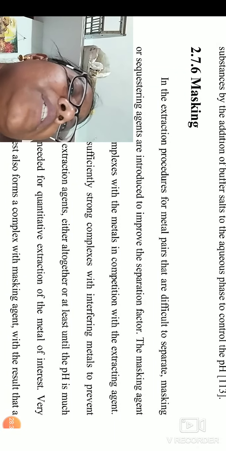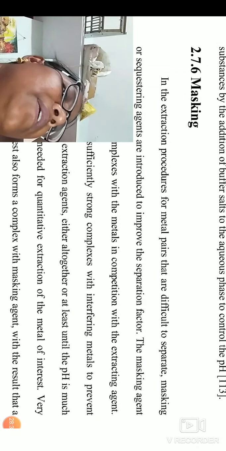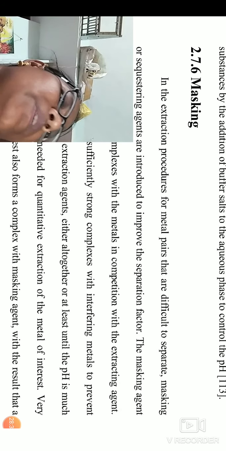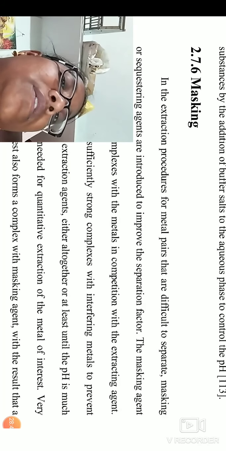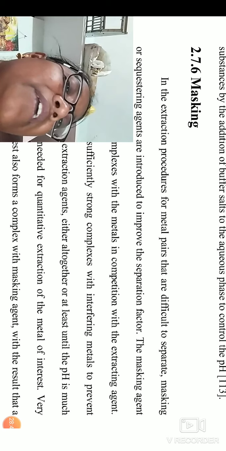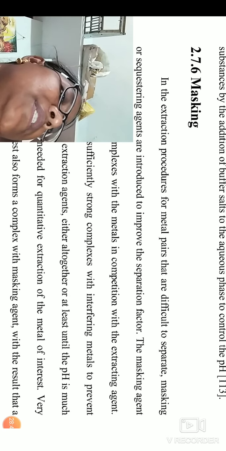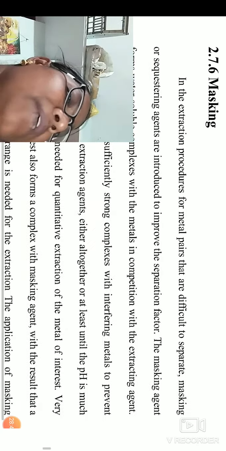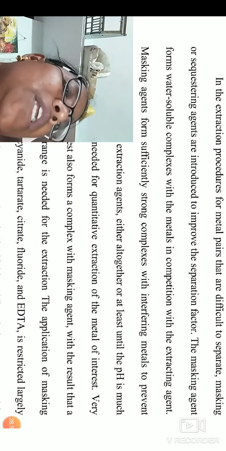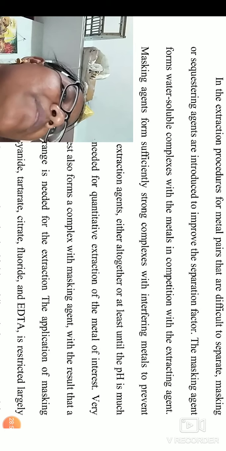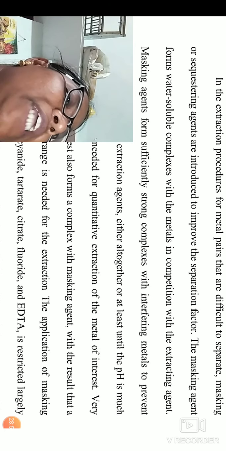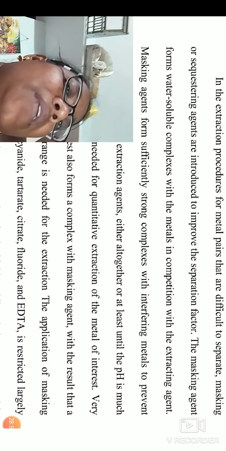Next, masking. In the extraction procedures for metals that are difficult to separate, masking or sequestering agents are introduced to improve the separation factor. The masking agent forms water soluble complexes with the metals in competition with the extracting agents.